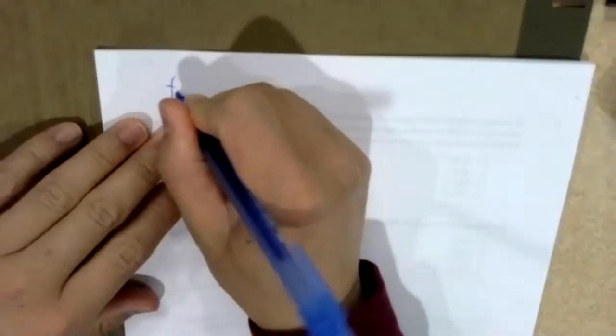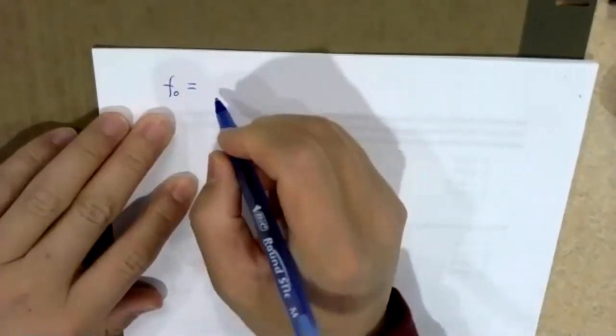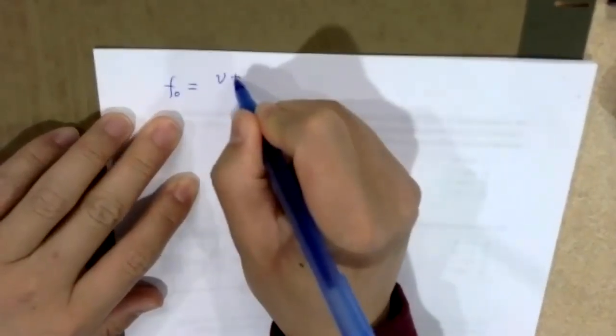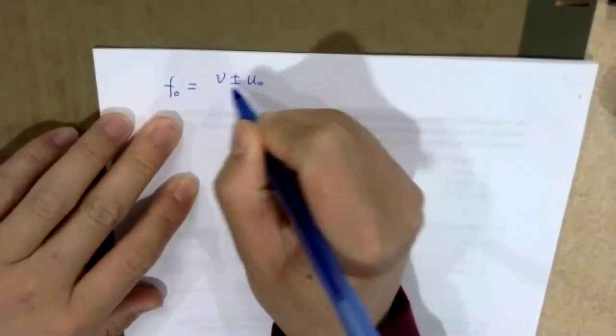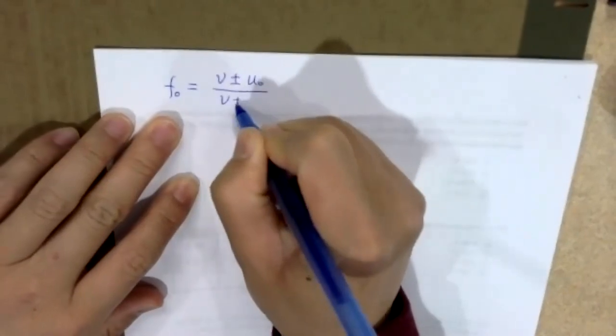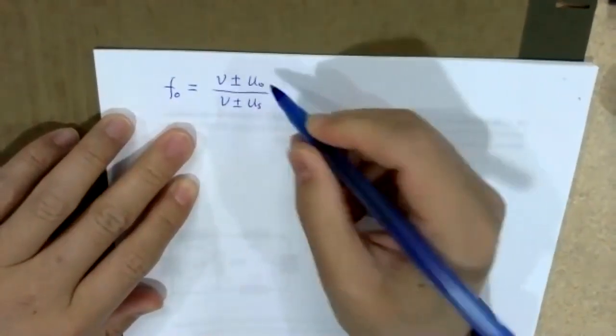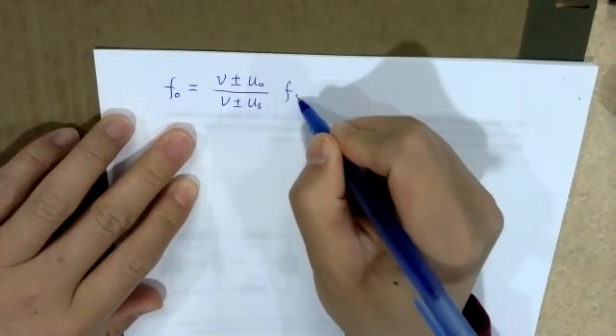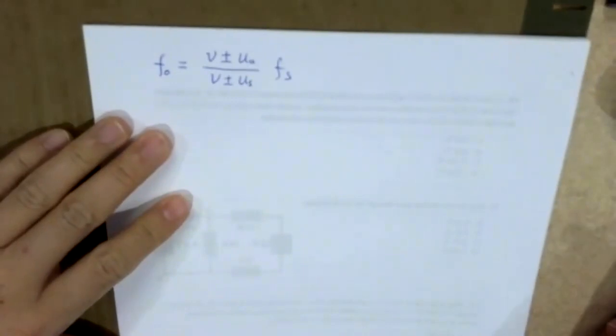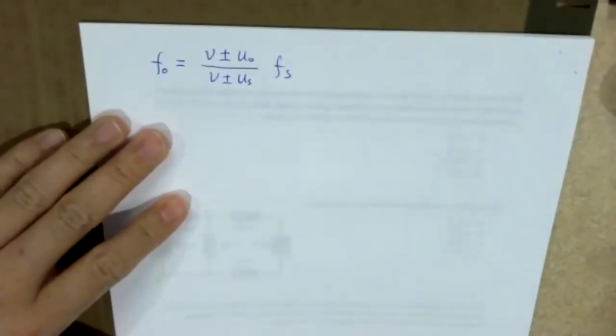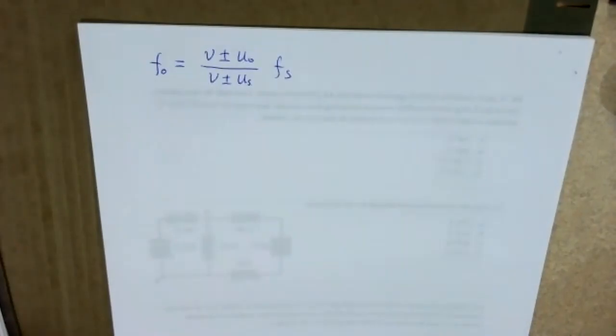So we are going to use this equation: f_O equals (v plus or minus u_O) over (v plus or minus u_S), times f_S. So the speed of the observer and then the speed of the source, and f sub S. In this case, the motorcycle and the police car are approaching each other.